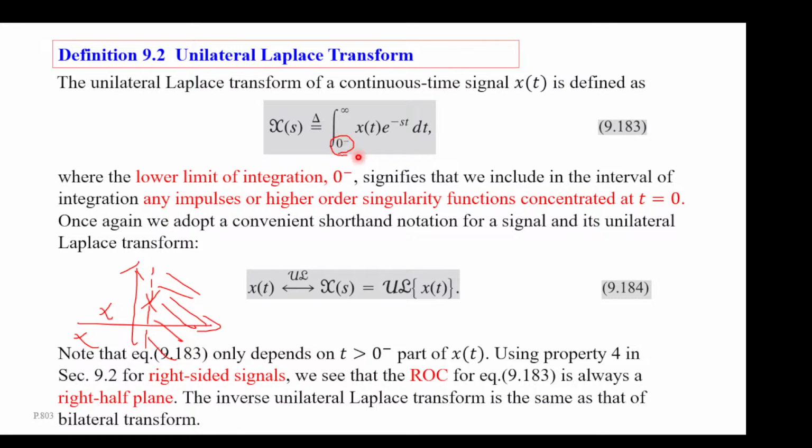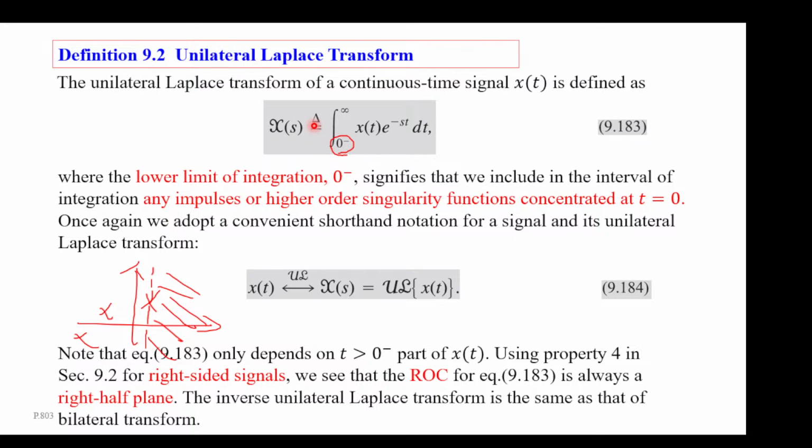So instead of integrating from minus infinity, you integrate from 0 minus, and effectively you only pick out x of t starting from t equals 0. The minus sign means that we also pick out any singularity of x of t at t equals 0.